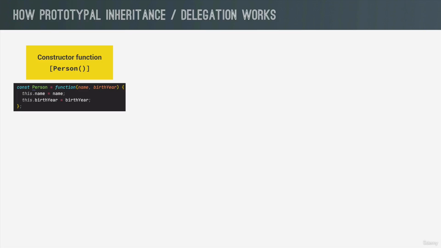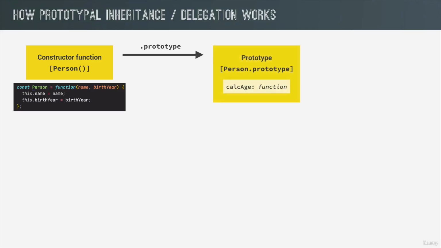Now, this constructor function has a prototype property, which is an object, and inside that object, we defined the calcAge method. And Person.prototype itself actually also has a reference back to Person, which is the constructor property. So essentially, Person.prototype.constructor is going to point back to Person itself.